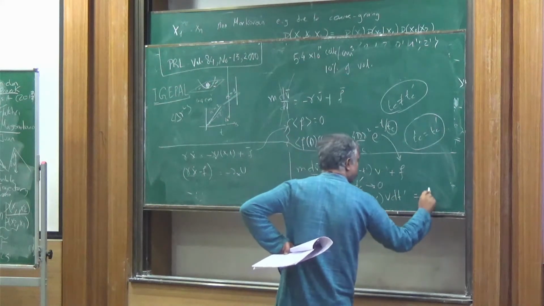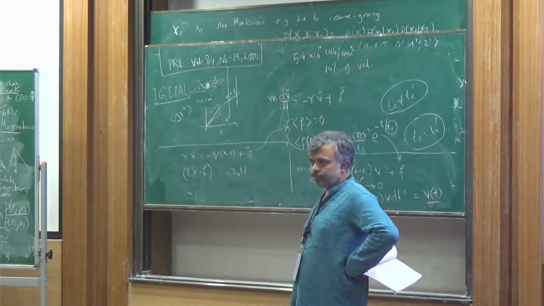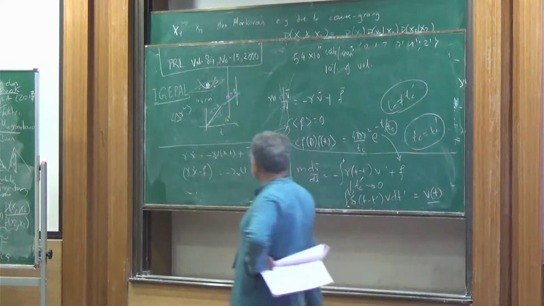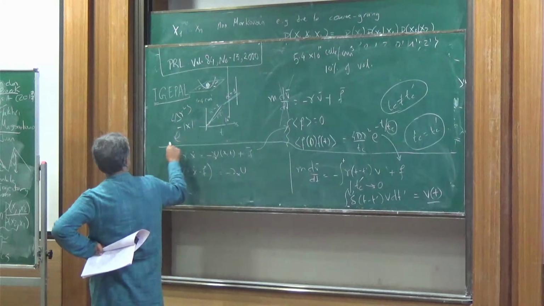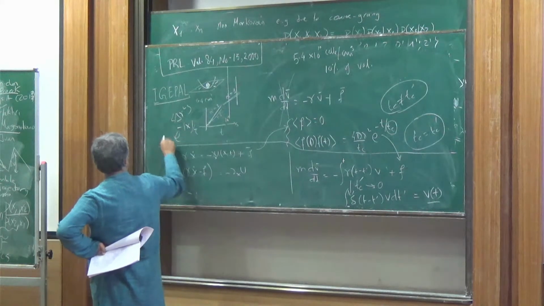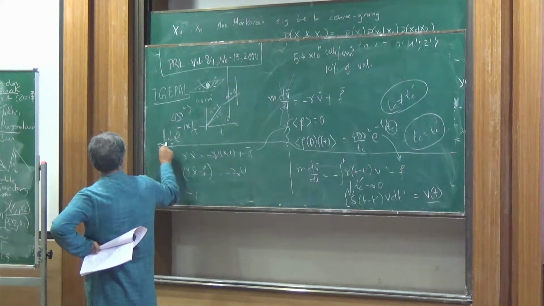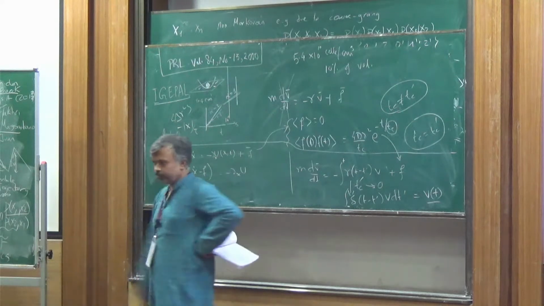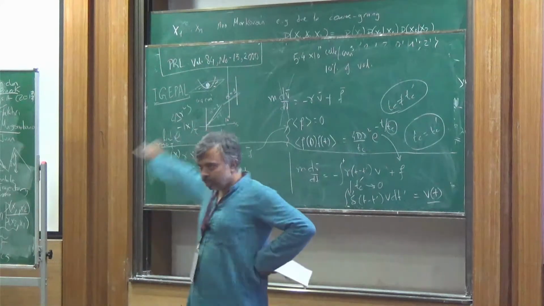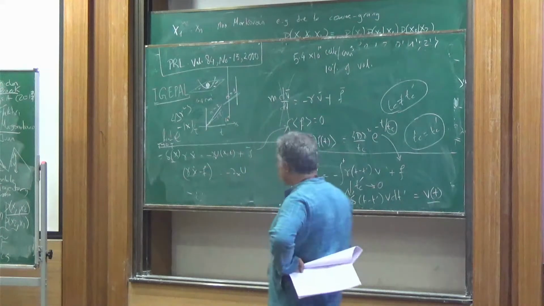And this gives you delta of x. Correct? So e to the power minus mod x by tau, times 1 by tau, in the limit tau tends to 0, is your delta x. This is another representation of the delta function.